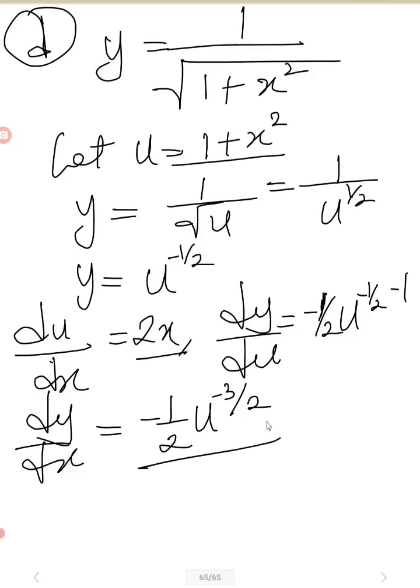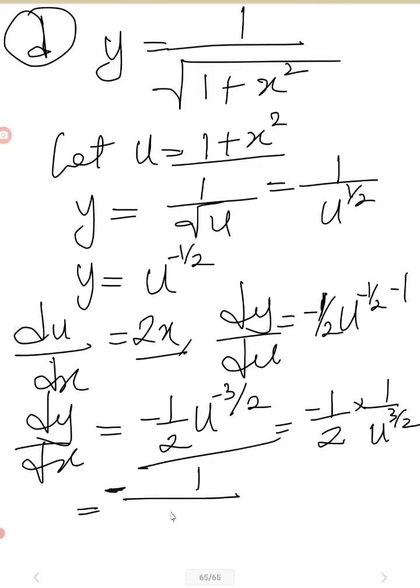Let's simplify this to the last stage to make it easy. This can be written as minus 1 over 2 times 1 over u raised to power 3 over 2, which can also be written as minus 1 over 2 root u raised to power 3.